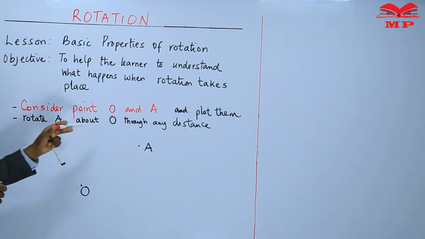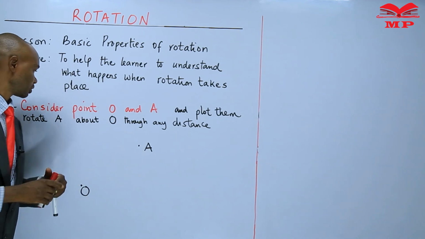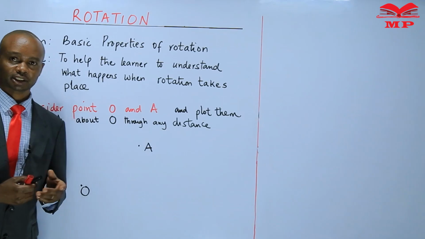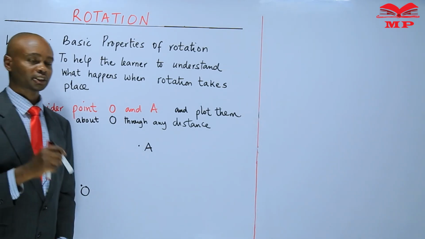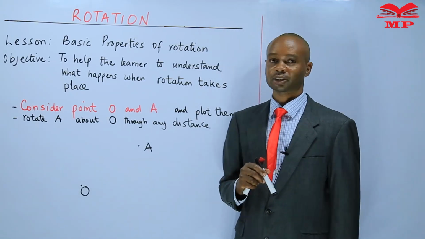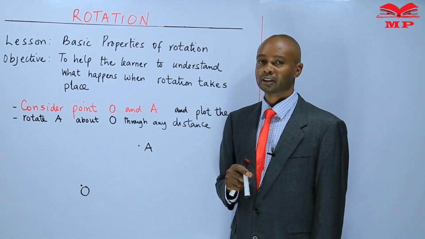When they say rotate A about O through any distance, there is something that is already coming. Any rotation should have a center.